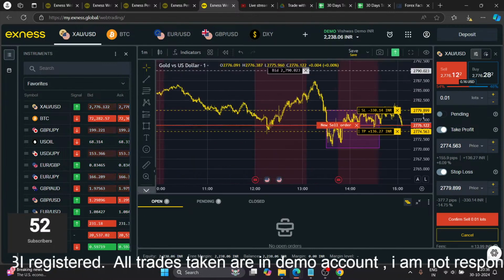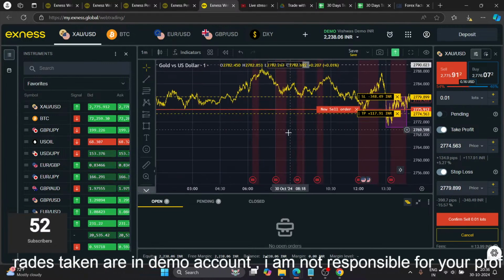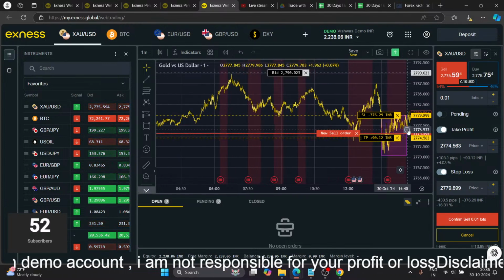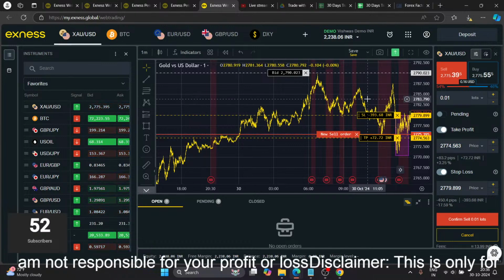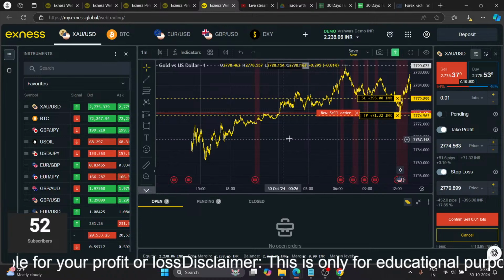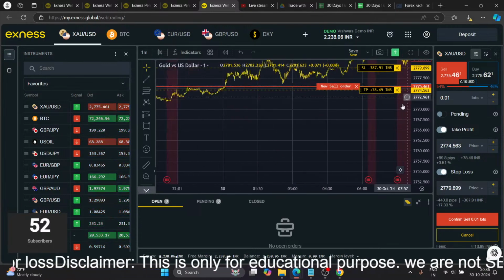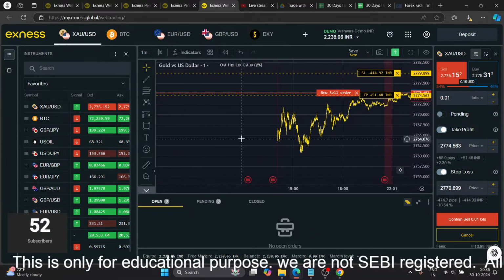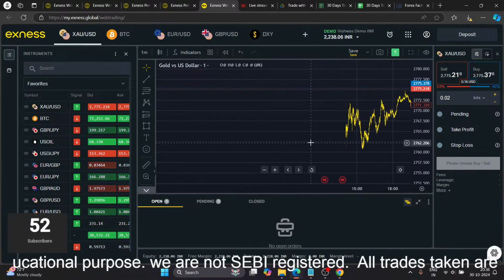For example, now it is very volatile because of the US elections. We are not able to judge where it will stop or which direction it is moving, because we have only 4 days left to the US elections. So there are a lot of changes. But if we go to historic data, let's go a few days back so that we can see that clearly.